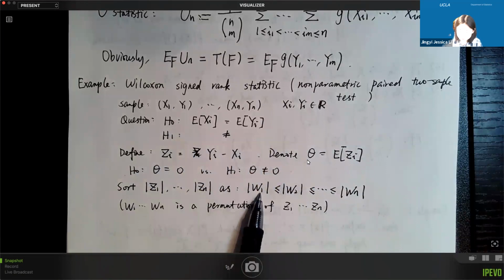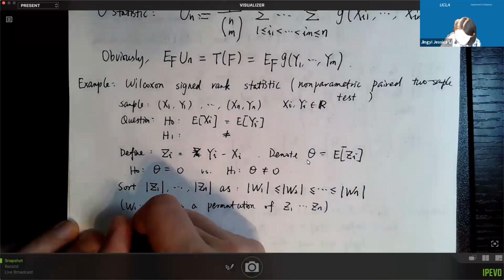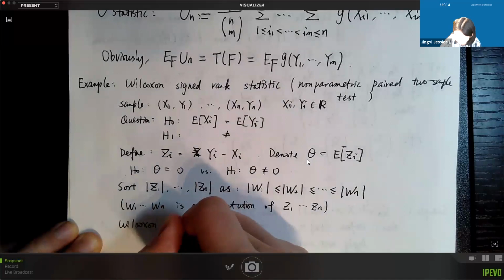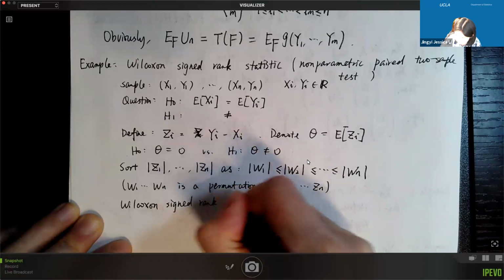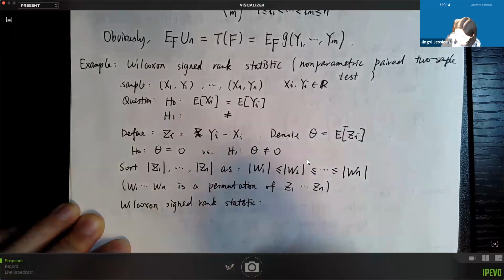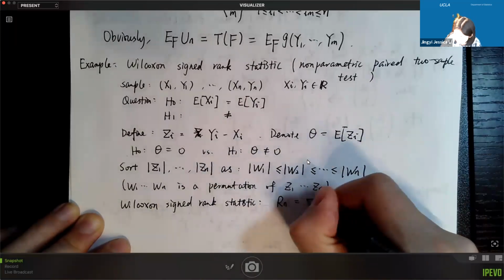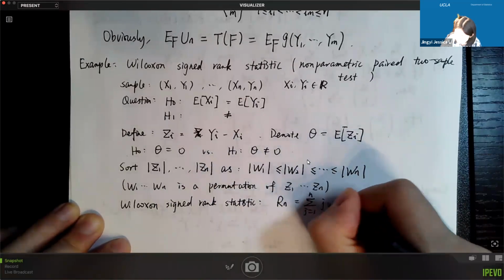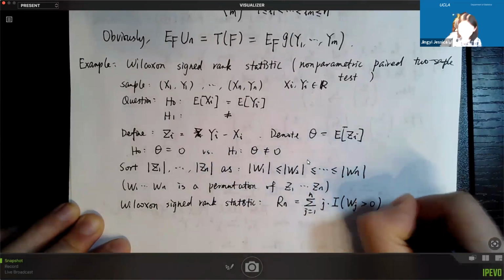Okay, then the Wilcoxon signed rank statistic, using the notation Rn, is defined as the summation j from 1 to n of j times the indicator that Wj is positive.